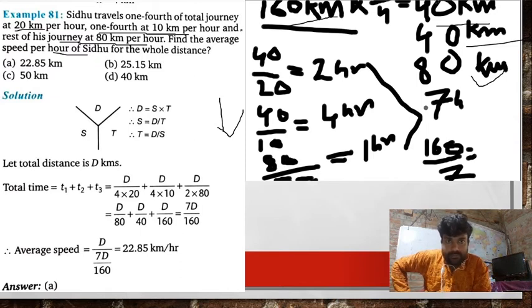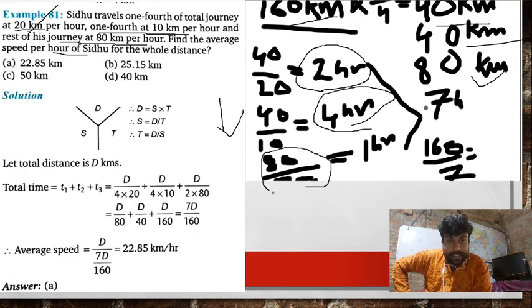Okay, 40 kilometers he goes at 20 kilometer per hour, so divide 40 by 20, that is 2 hours. Next, the second one fourth is at 10 kilometer per hour, so 40 divided by 10 is 4 hours. The rest, 80 kilometers, he goes at 8 kilometer per hour, so 80 by 8 is 10 hours.